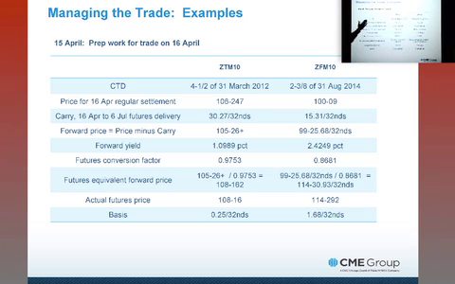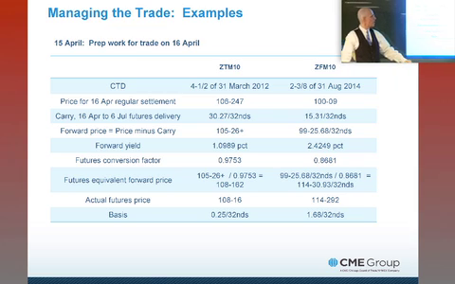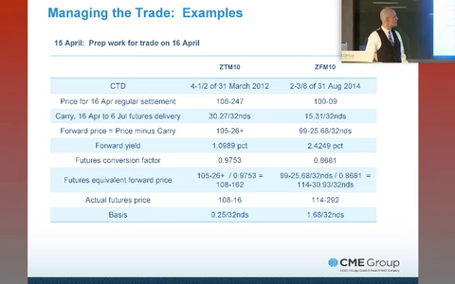That basis value, all that this table does is get you to what that basis guesstimate is. In the case of the 2-year note, it's 1/4 of a 32. In the case of the 5-year note, at the close on 15 of April, it's about 1 2/3 32nds.